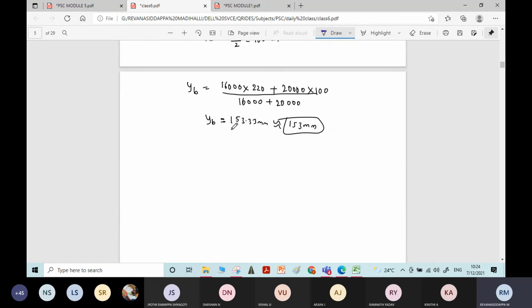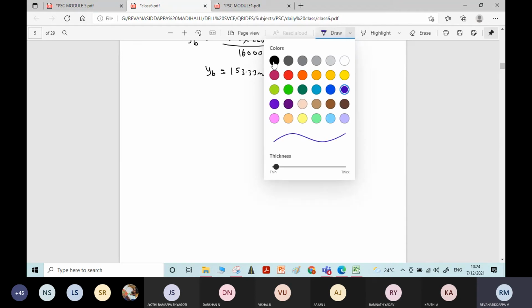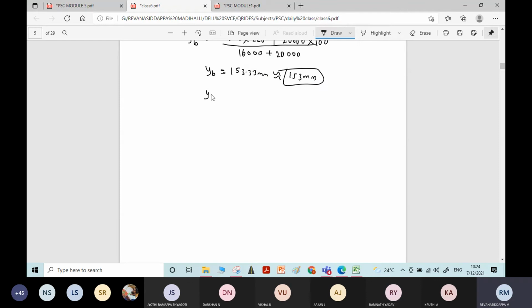Okay, therefore YT is equal to, because that is also needed to calculate the stresses, 200 plus 40 minus 153, which gives 87 mm YT.